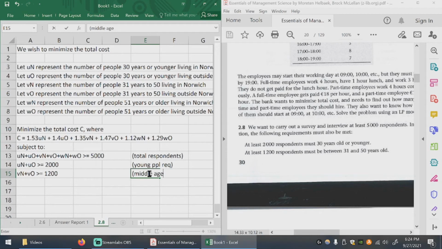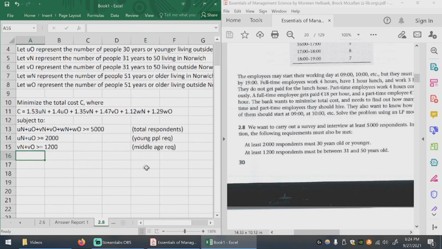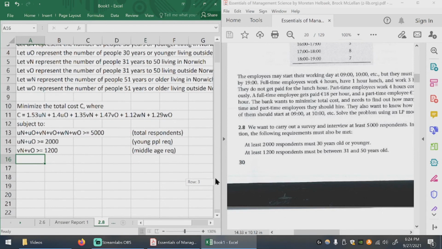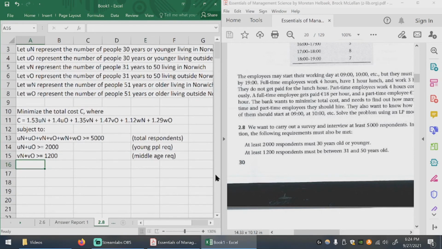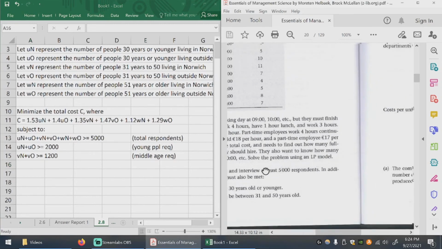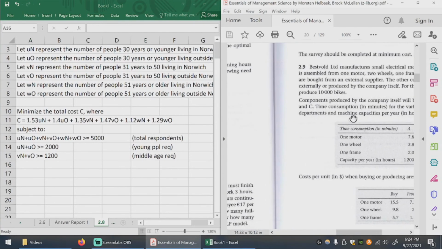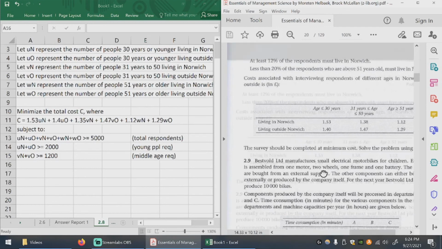Middle age requirement, or whatever you want to call it. Hopefully we're slowly getting the hang of this. I don't know, that's up to you. You have to come and tell me if you don't. I cannot guess.